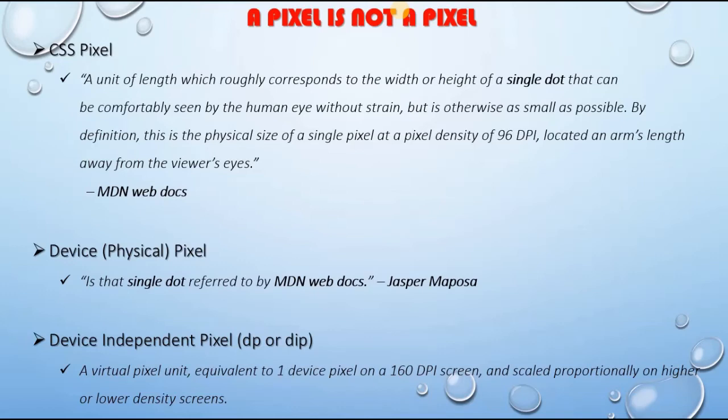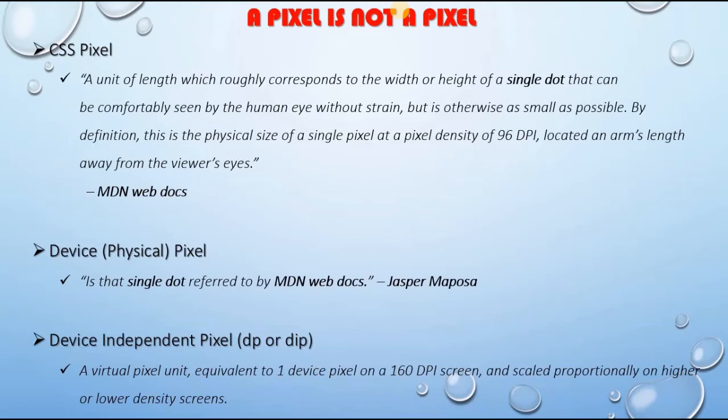So I think this one deserves a bit of explanation. Because in our definition on that viewport, we saw that the width is equal to device width. It matches the device width in device independent pixels.